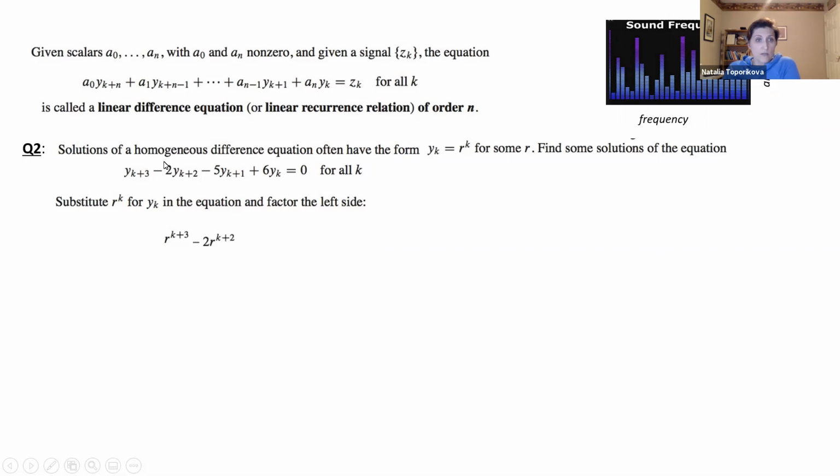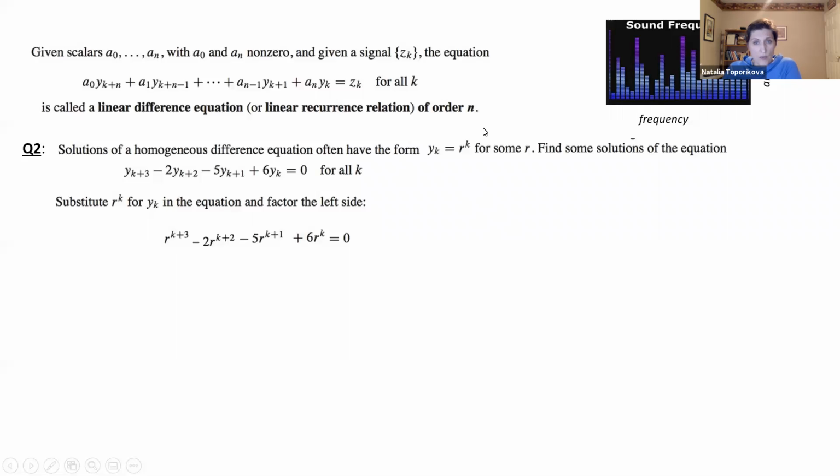Then we take the second part, so we have -2 times, again substituting our index for the power, r to the power k plus 2. Repeat for the third term, -5 times r, and now the power is k plus 1. And finally, y_k gives us r to the power k. And of course, it's equal to 0.